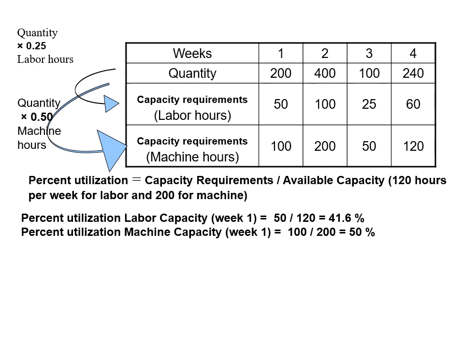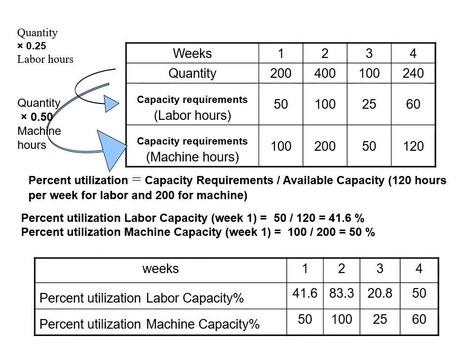Percent utilization labor capacity for week 1 equals 50 over 120 equals 41.60%, and the percent utilization machine capacity for week 1 equals 100 divided by 200 equals 50%. This table represents the calculation of utilization needed from labor capacity and machine capacity.